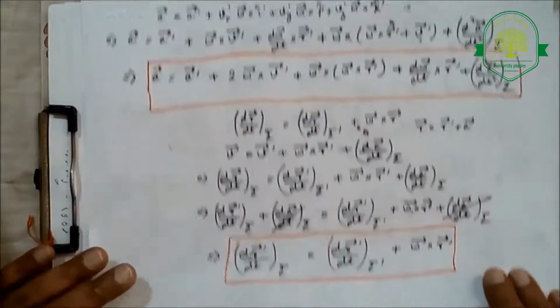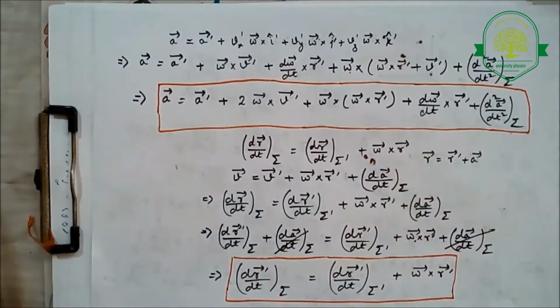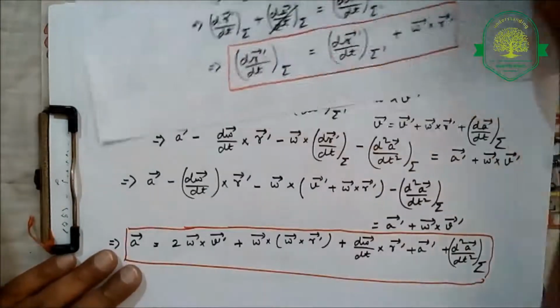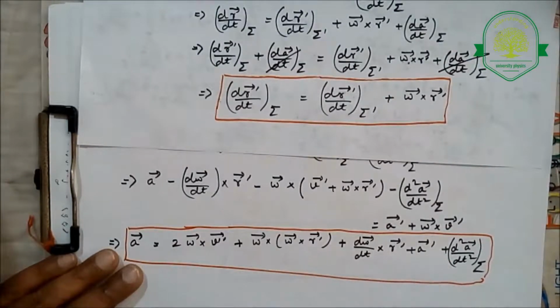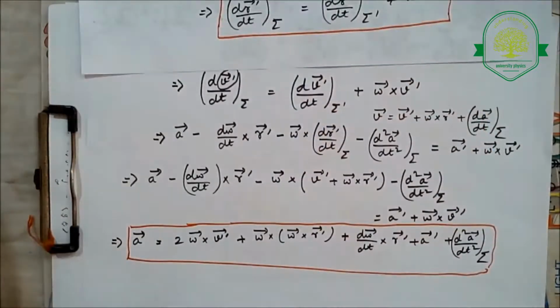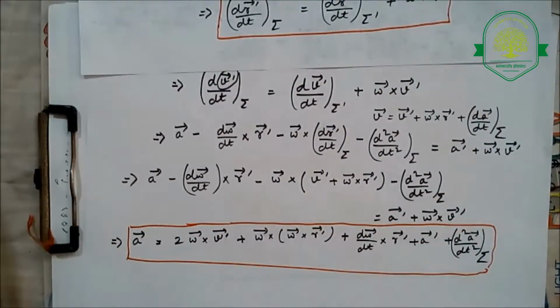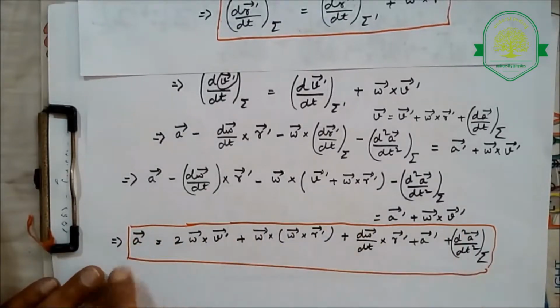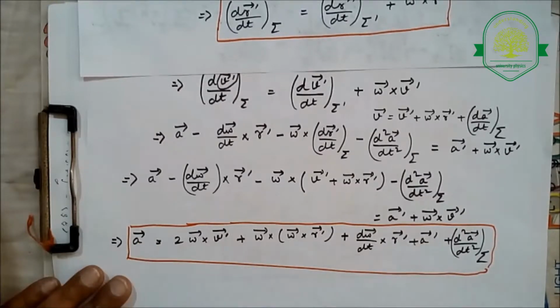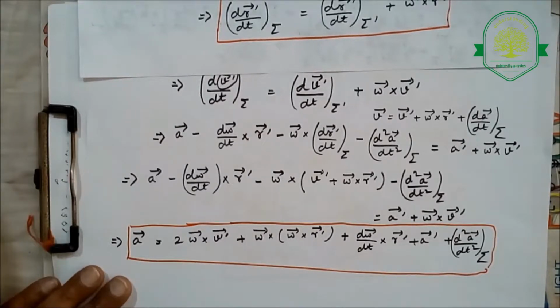So before we had found this. Obviously this is the same as this. We have the same terms. So in a frame that is moving and has both translational motion as well as rotational motion with respect to the ground frame, this is our general formula for acceleration, which relates the acceleration of a particle in the ground frame with respect to the acceleration of the same particle in the primed frame of reference or in the non-inertial frame of reference.